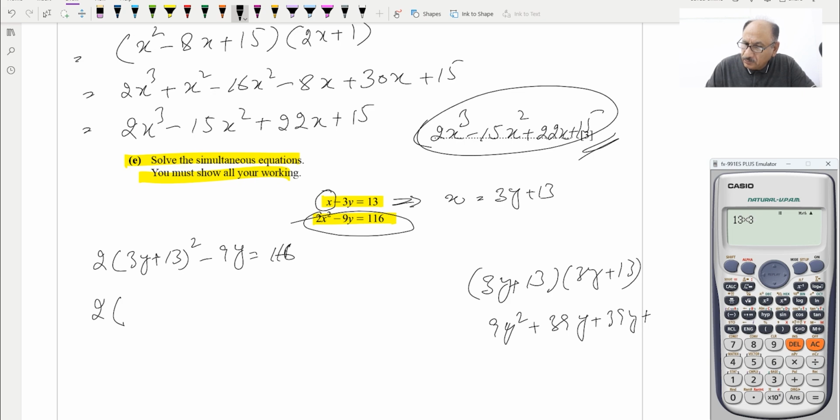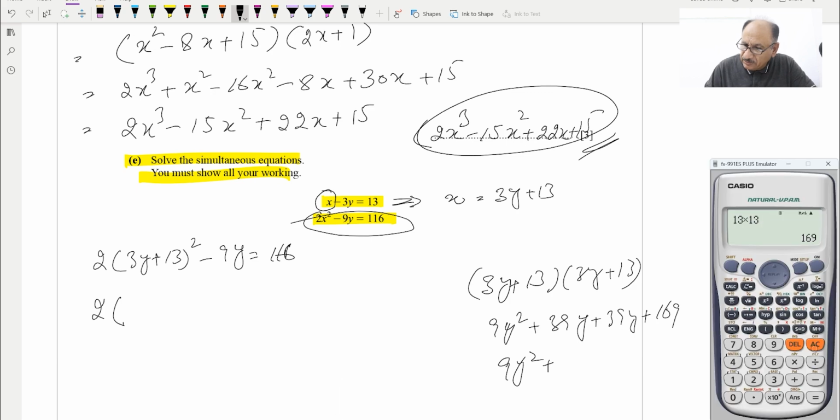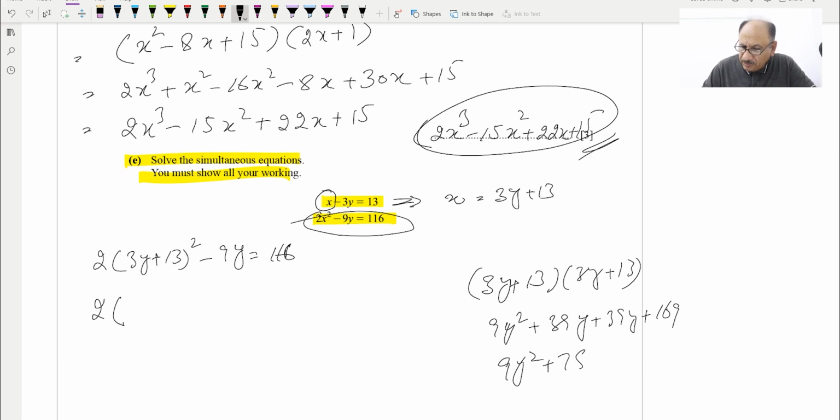13 into 13 will be 169. So 9y square plus 39y plus 39y is giving us 78y plus 169.